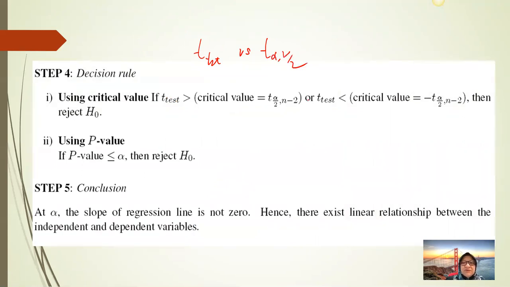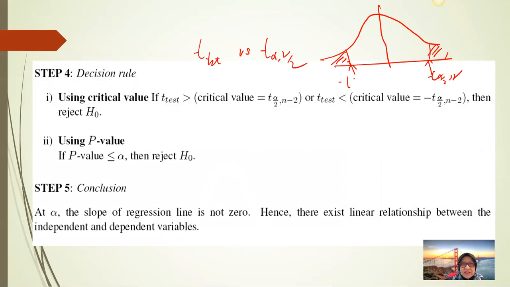In this case, we use the two-tailed test. So let's say this is our critical value, t alpha over 2 degrees of freedom, and this is negative t alpha over 2 degrees of freedom. If our t test falls in the middle region between them, that means we do not reject H naught.